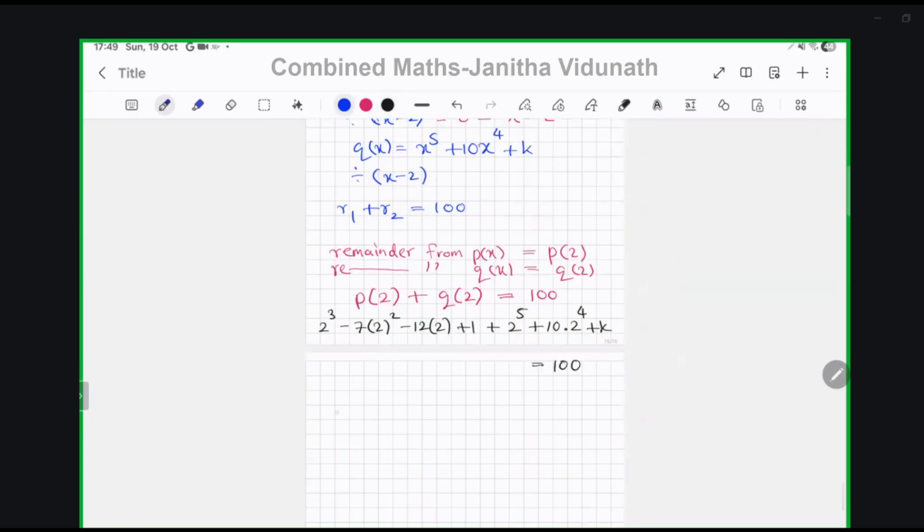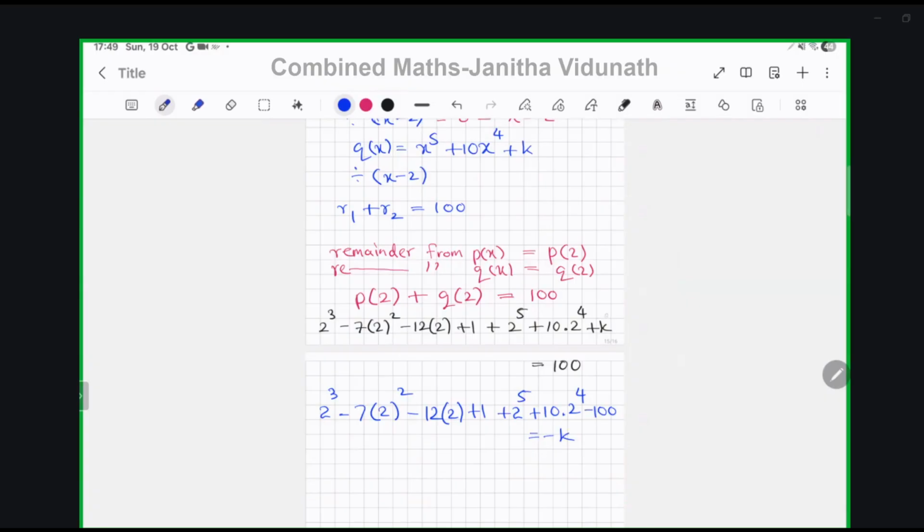From the left hand side, we get 2 to the power 3 minus 7 times 2 to the power 2 minus 12 times 2 plus 1 plus 2 to the power 5 plus 10 times 2 to the power 4 minus 100, equal to minus k.